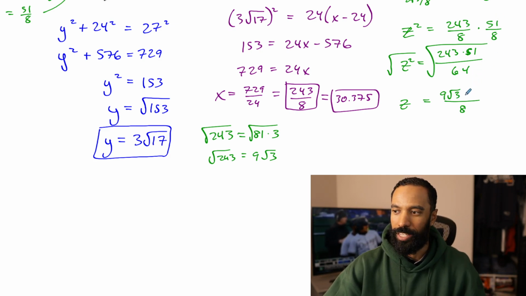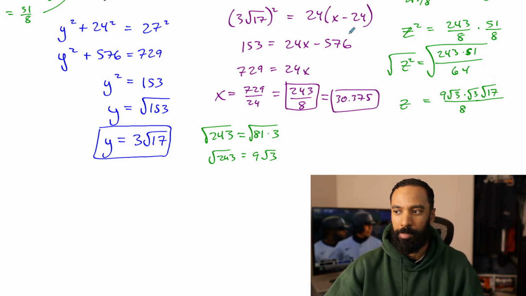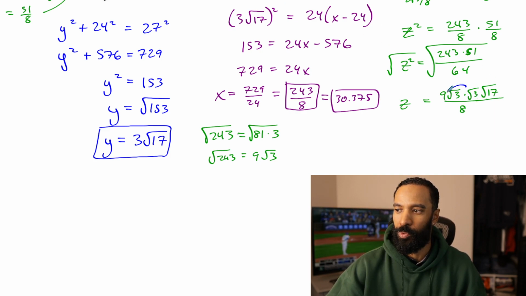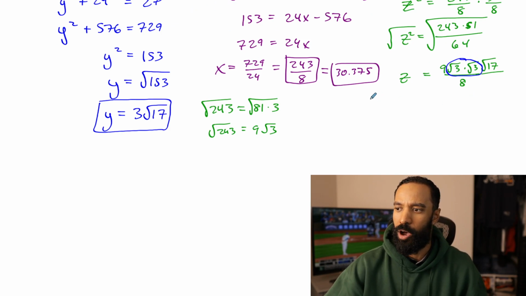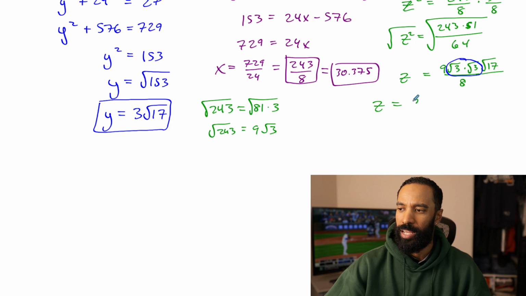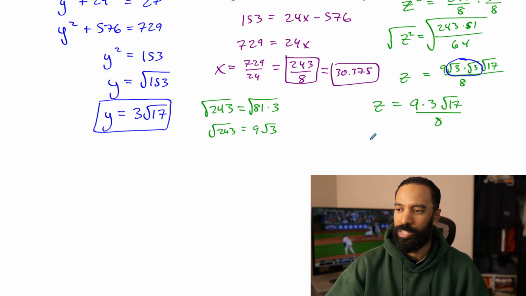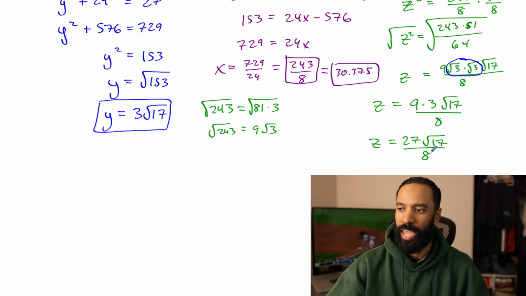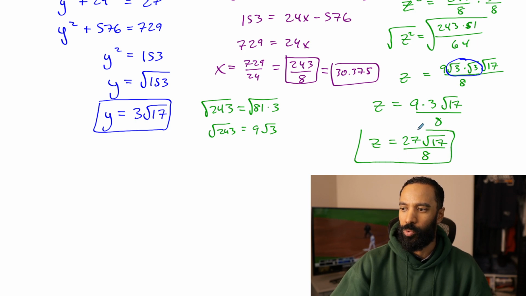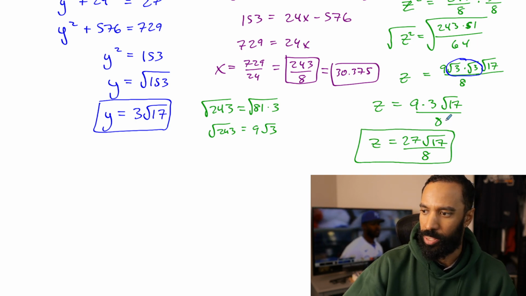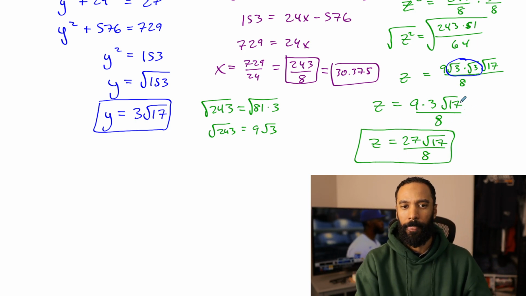Root 51 can be written as root 3 times root 17. That doesn't simplify anything in and of itself, but the root 3s can simplify. So instead of getting to big numbers, I'll work out these smaller numbers, and I get 9 times 3 times root 17 all over 8, which is 27 root 17 over 8. That's an exact answer without letting the calculator do any rationalization. That's why I wanted to work out the fractions.